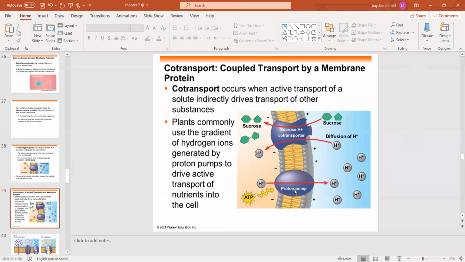So the cell uses a proton pump to actively transport hydrogen outside the cell, and the concentration gradient of hydrogen ion drives the hydrogen back inside the cell, while the co-transporter protein diffuses the hydrogen inside the cell. It facilitates the transport of sucrose also into the cell.